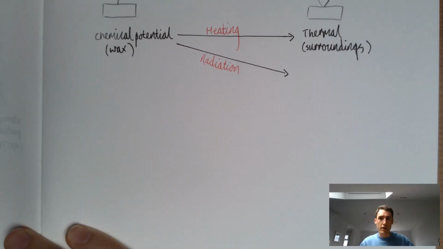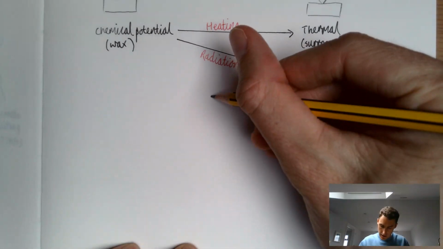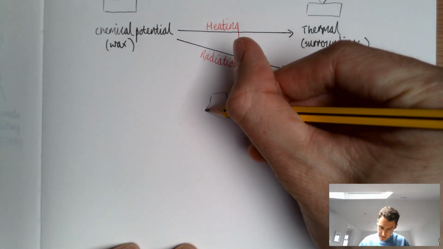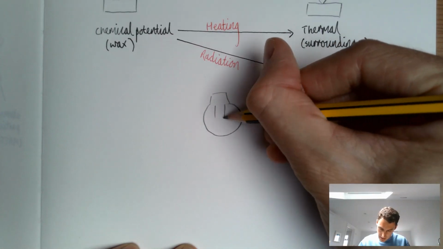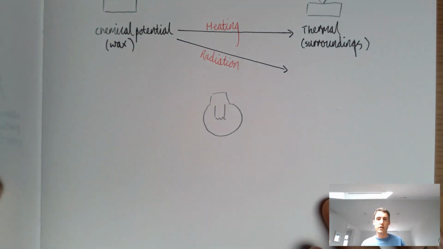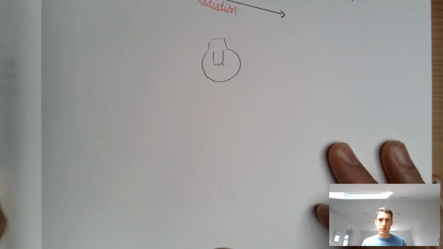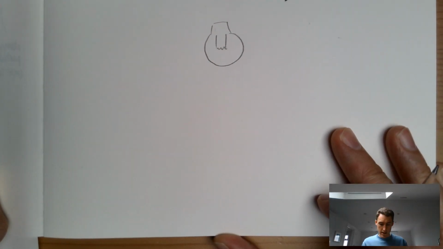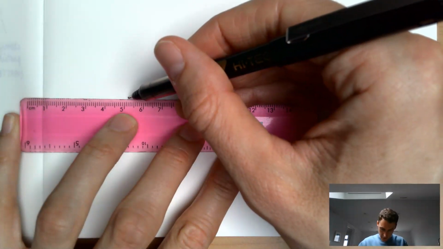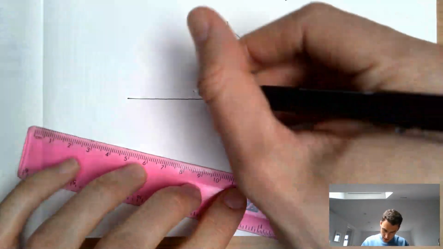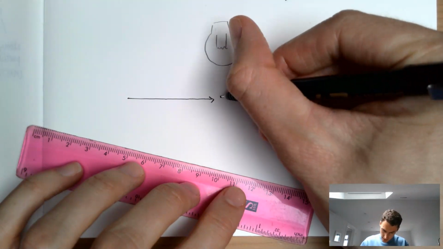Let me move down here. So for the light bulb, and we'll come back to this in the next lesson on useful and wasted energy. But what we want to illustrate here, maybe if I move down like this, is energy is coming in electrically. And the way we could draw this is something like this. It's coming in electrically to the light bulb.